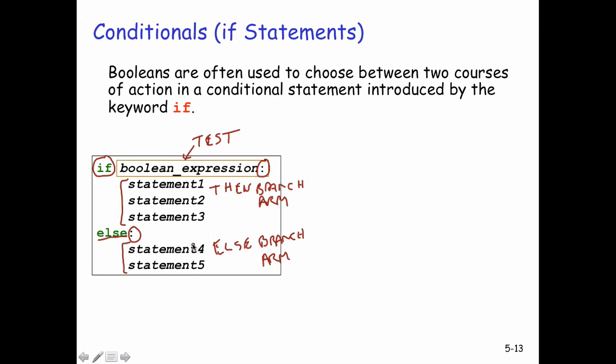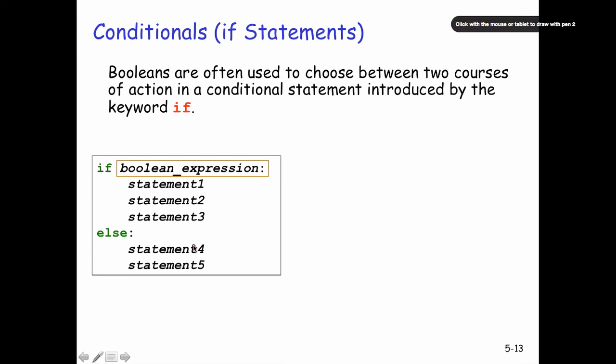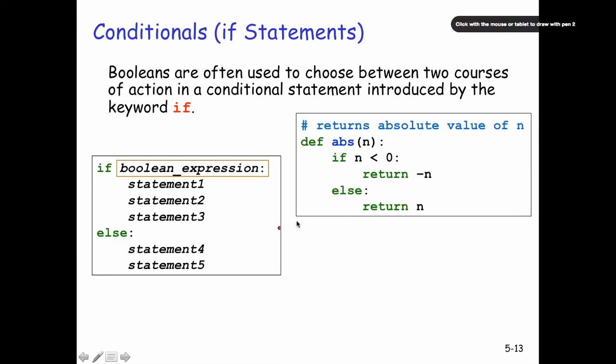As an example of the if statement in action, let's consider an absolute value function. So this is a function that takes a number n and returns its absolute value. One way to do that is to use an if statement that tests if n is less than 0. If n is less than 0, it will negate n and return it.